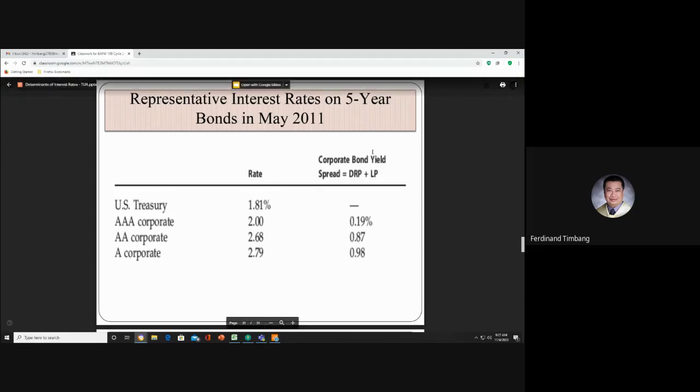So kaya if you compute for the corporate bond yield, 2% minus 1.81, that is 0.19. 2.68 minus 1.81, 0.87. Then 2.79 minus 1.81, that is 0.98. So ganun siya. Maliwanag ba?